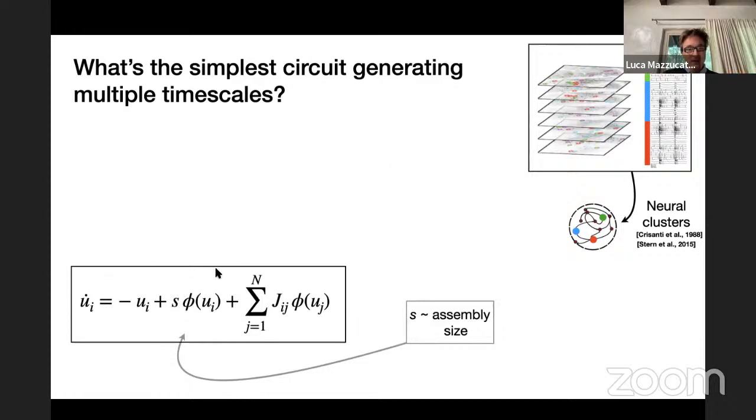And the extra ingredient we're going to focus on is a self-coupling term that you see here that we call S, which in our network is of order 1, as opposed to the usual Crisanti formulation where this is order 1 over square root of N. And so S represents, roughly speaking, the product of the size of this neural cluster times its own recurrent coupling. This is a model that was proposed by Merav several years ago, and it's super interesting in its own right.